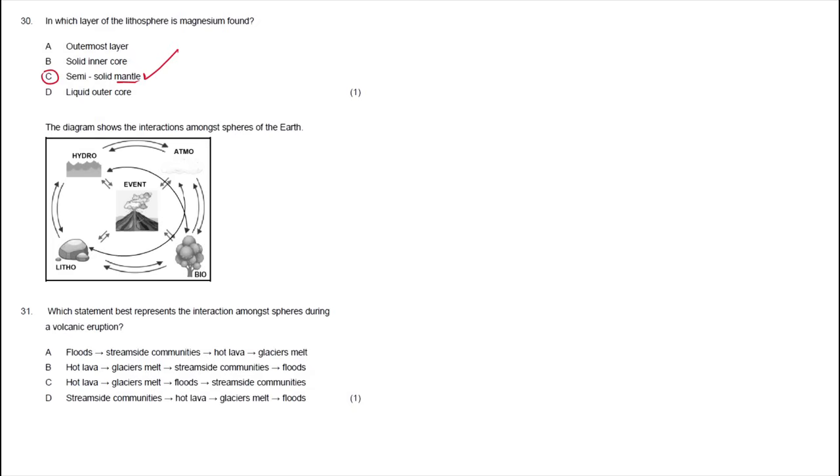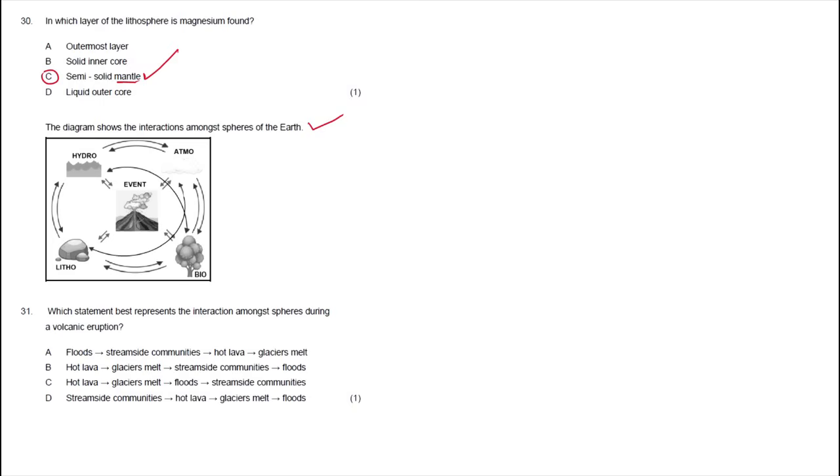Okay, and then next we will move to our next question, which is question 31. Here we can see that the diagram shows the interaction among spheres of the earth. Our question says, which statement best represents the interaction among spheres during a volcanic eruption?